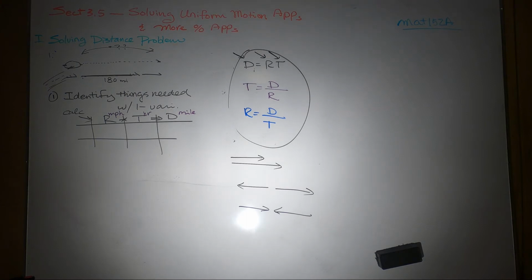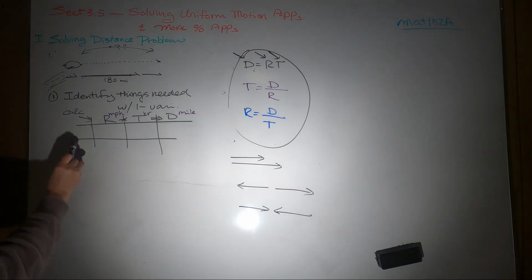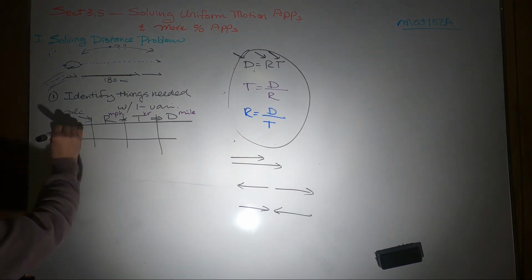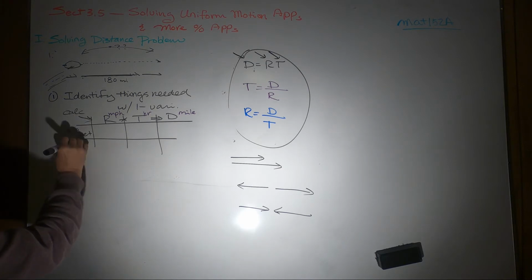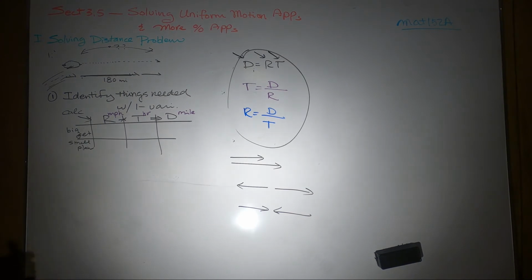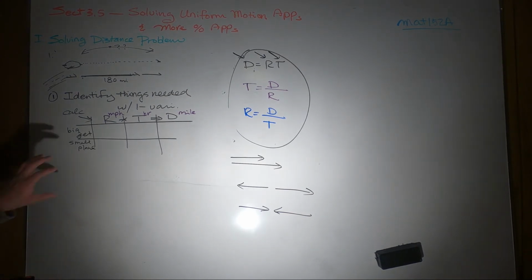Then we have the situation for each case listed on the bottom, okay? So you have a big jet, you have a small plane, right? You do it this way. Then we have 6 places for the things we need to calculate with.